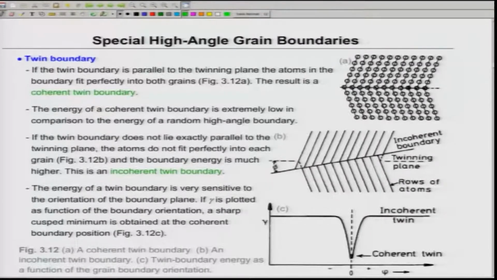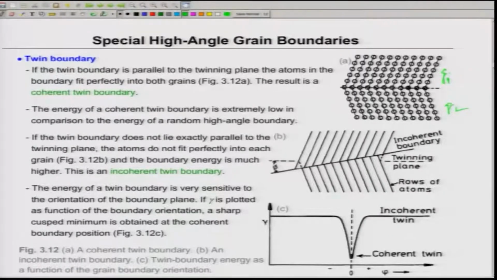If this twin boundary, the boundary between the grains, is parallel to the twin plane, then atoms will fit perfectly in both the grains. Suppose this is grain 1 and this is grain 2. Okay, so what is happening here? Along this twin boundary, which is also parallel to the twin plane, the atoms fit exactly and nicely. There is not even a single misfit along the boundary.